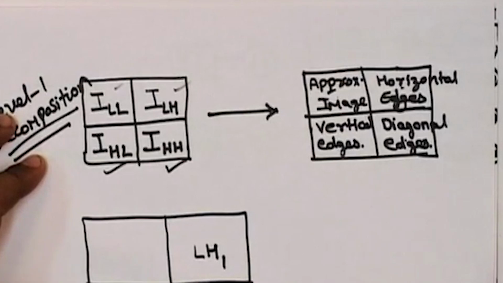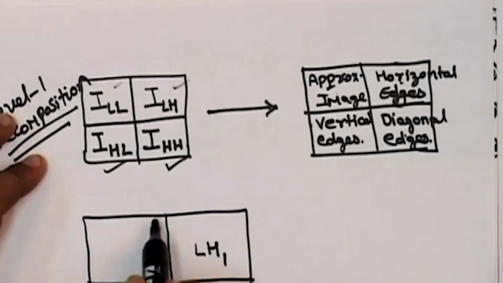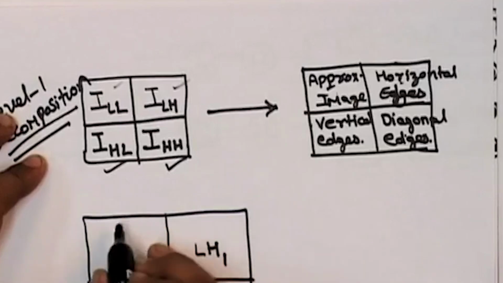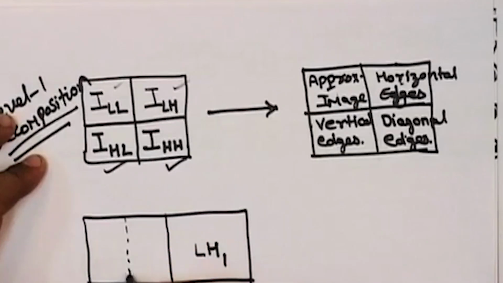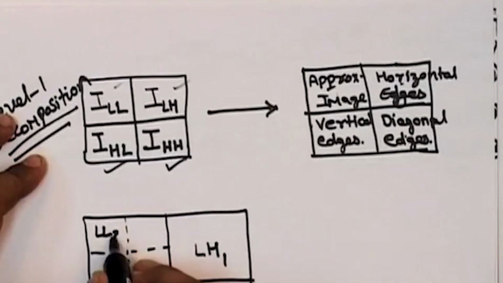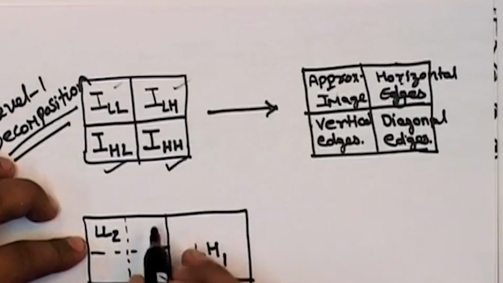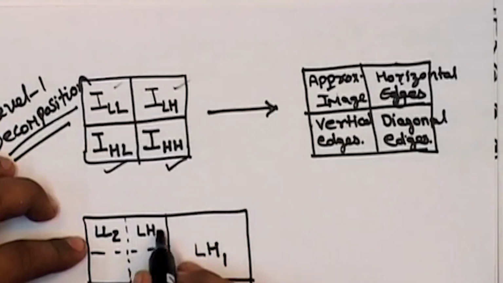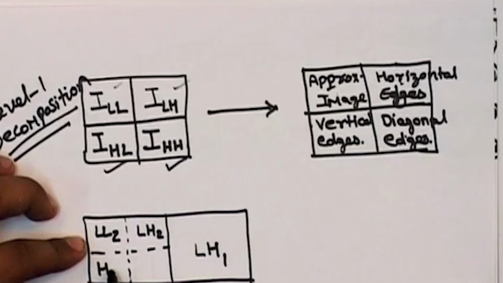This is our HL subband, again let us say this is HL1. And this was our HH subband with subscript 1. Now we have taken this LL subband and decomposed it further into 4 parts. So this will be our LL subband, but we show this as LL2. Over here we will have LH2. Here we have HL2, and this is our HH2.